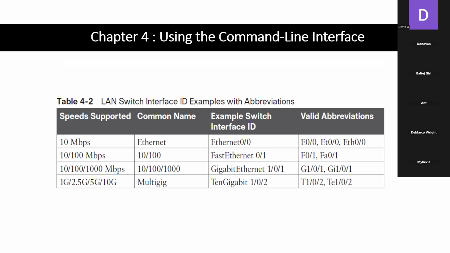That same port is going to support 2.5 gigabits, 5 gigabits, and 10 gigabits for a copper connection. The common name for that, as you probably guessed, is multi-gig. An example switch ID for it is sometimes 10 gig or T, or TE.